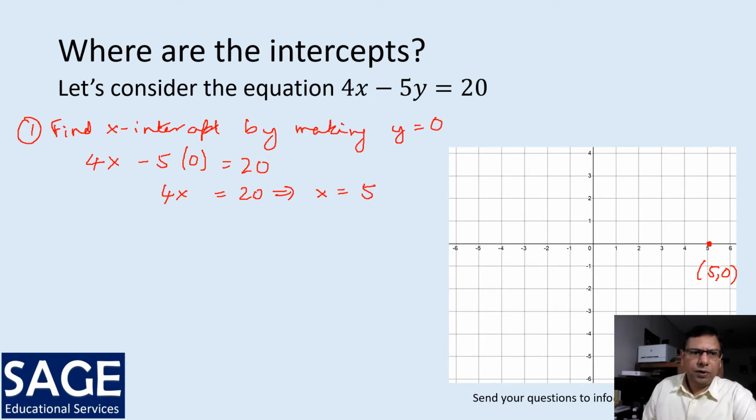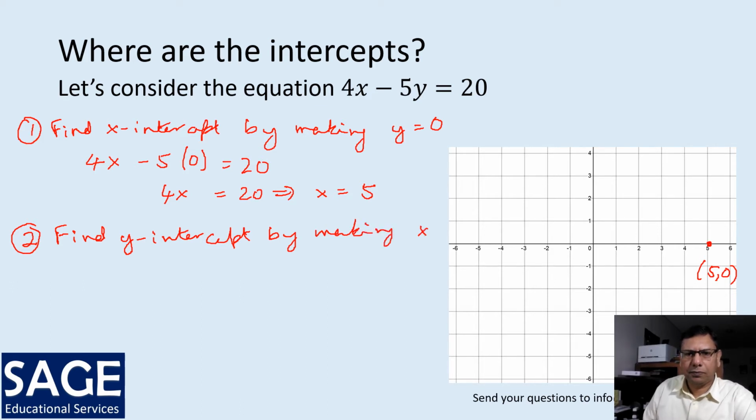The next thing we'll do is find the y-intercept. In order to find the y-intercept, we make x is equal to 0. So let's do that. We start writing the equation, and instead of x we substitute 0.